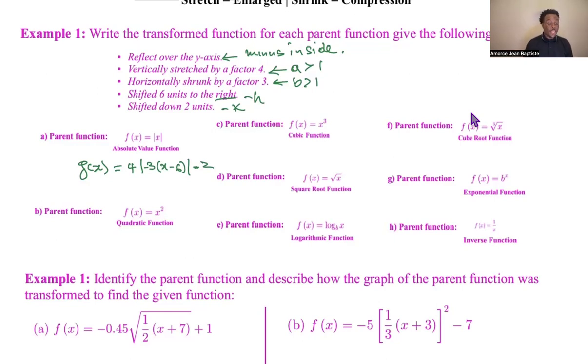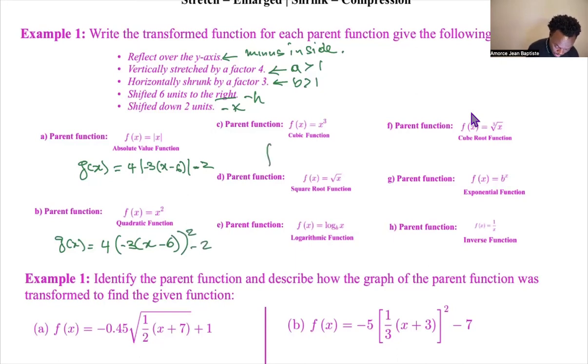And then for each of these other functions, we're just going to replace the absolute value by whatever the parent function indicates. So for the squared, g of x equals 4 negative 3 x minus 6 squared minus 2.